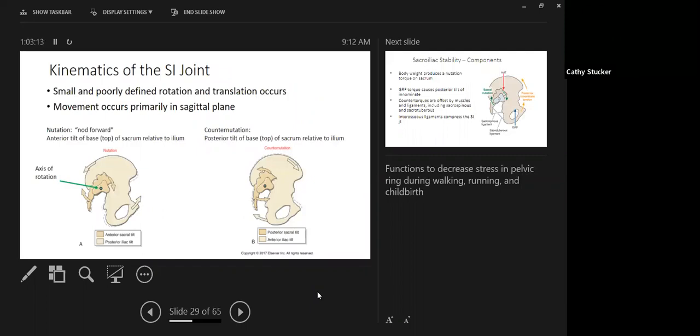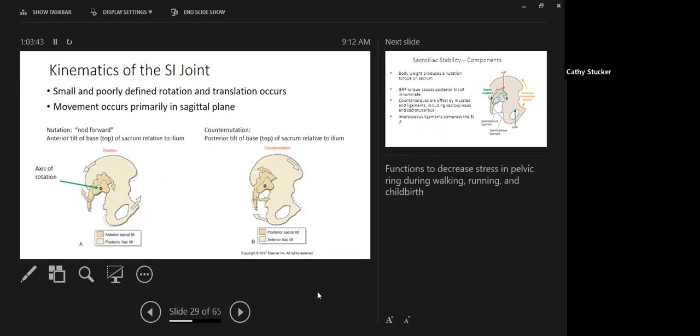Movement of the SI joint. Again, these are terms that you're going to hear later, so I wanted to make sure that you were introduced to them now. In the situation where there's a mobile SI joint, we're going to call them nutation and counter nutation. What I'm talking about is the sacrum moving on the innominate. So this is your pelvis, your innominate. This is your sacrum.